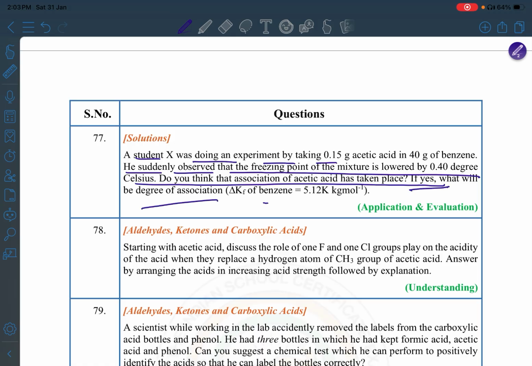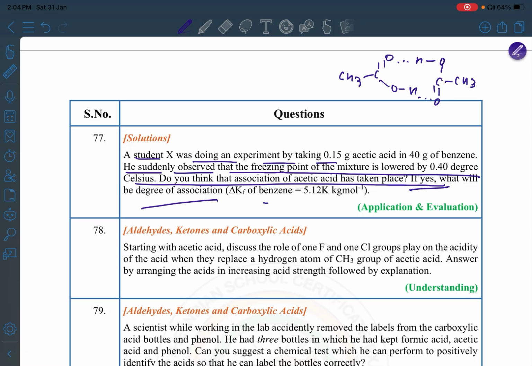Okay, so yes, there is association because acetic acid forms hydrogen bonding. So it will be like CH3, CO, and then OH. This OH is CH3, and then O, and then H, and then O. There is a hydrogen bonding. So association will take place.